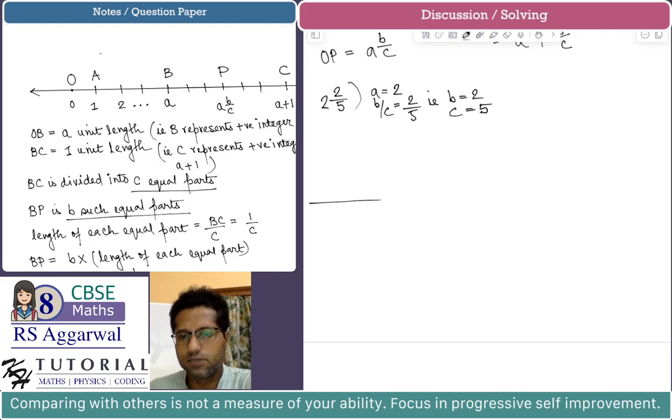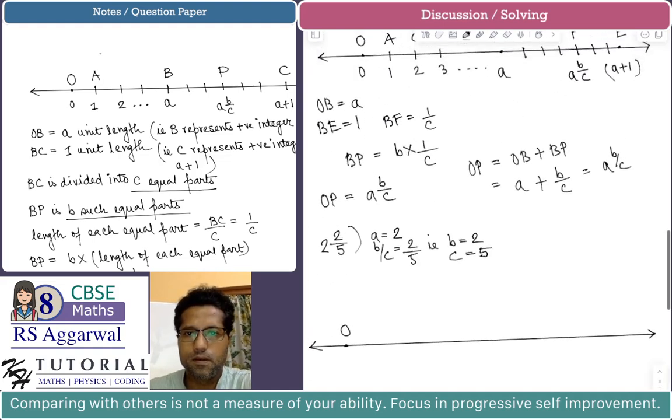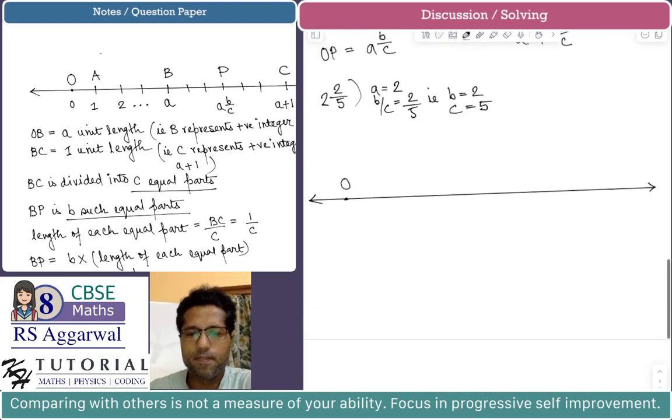I have written this down so that it will be easier to refer to while drawing. I will take a straight line and mark the endpoints. Since this is a positive rational number, 2 and 2 by 5, I will take the origin somewhat towards the left-hand side, which will represent the integer 0.